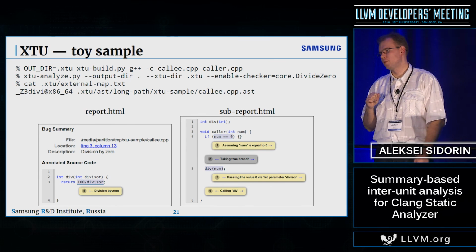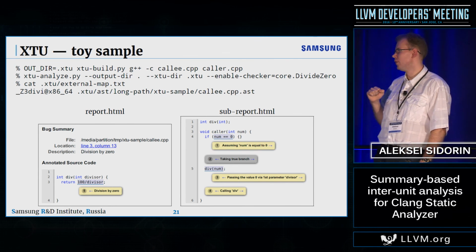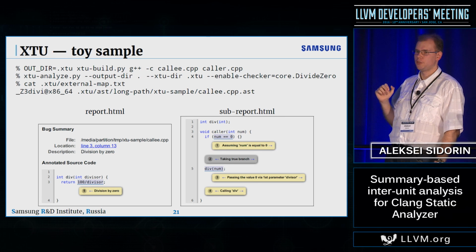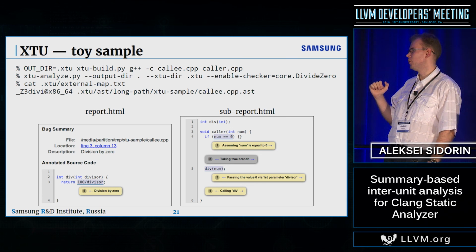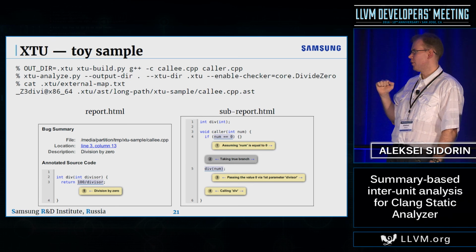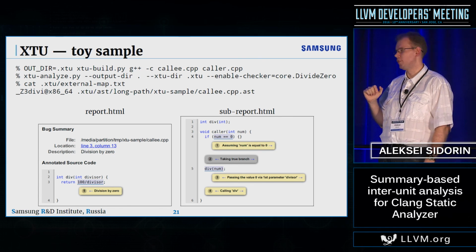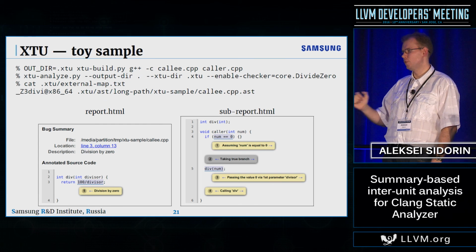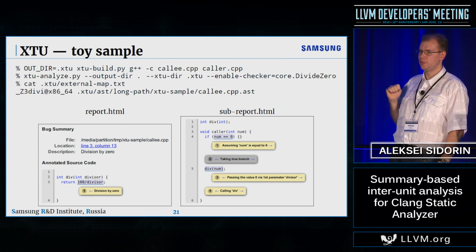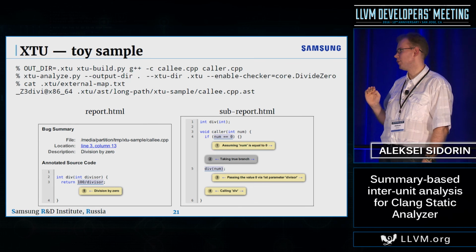This is a toy example of how a developer may use XTU. First, we launch the XTU build script, specifying a build command to intercept. After the build is finished, we launch the XTU analyze script, which performs the pre-analysis and analysis stages. And finally, for our toy sample, we get a single report consisting of two files.